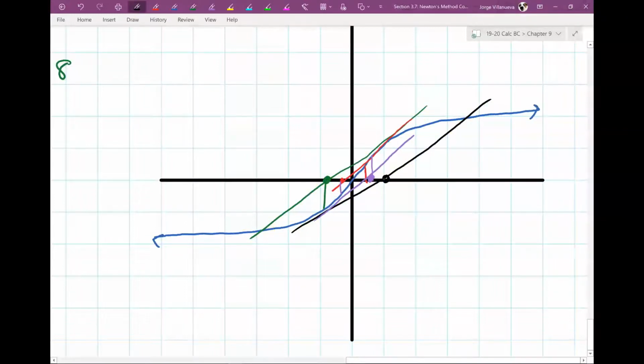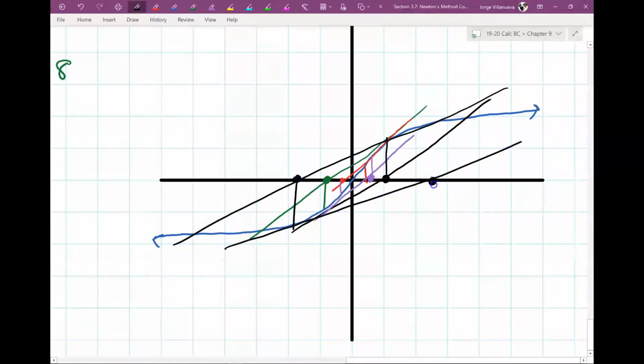So that's basically what's happening. Every single time we found a point and drew its tangent line, it would keep getting further and further apart. For example, this line is going to be way over here. The next line is going to be way over here. The next line is going to be way over there, right? It's just going to keep going further and further away. It's just a big mess if you look at the picture. The tangent line's taking it further and further away from the actual zero.